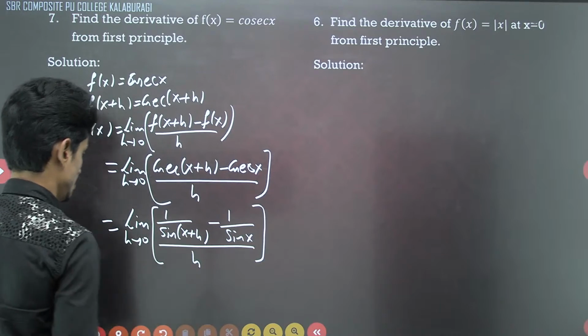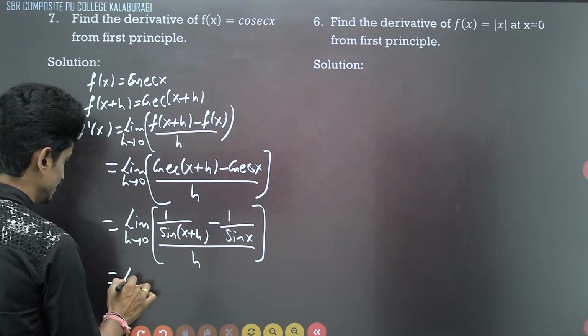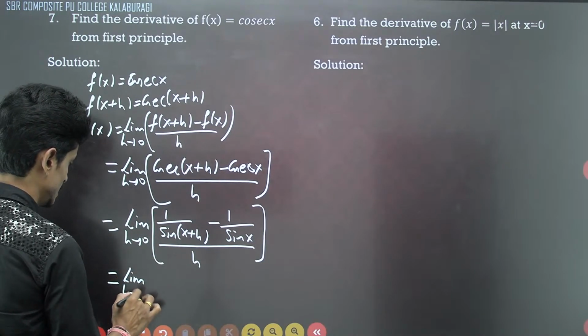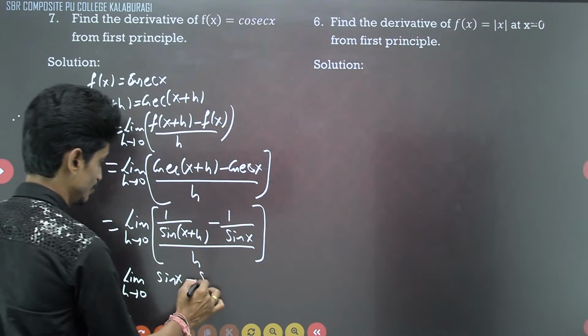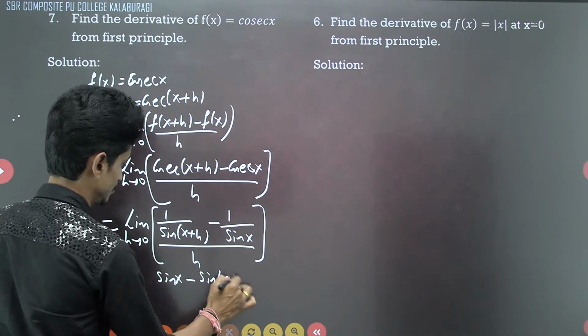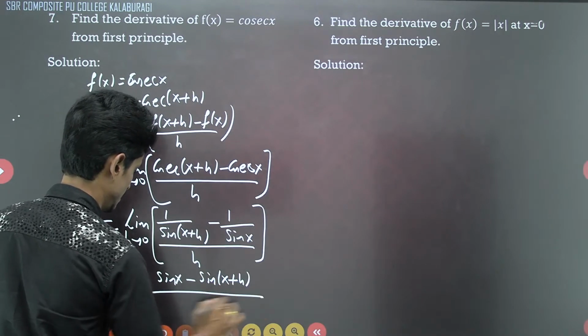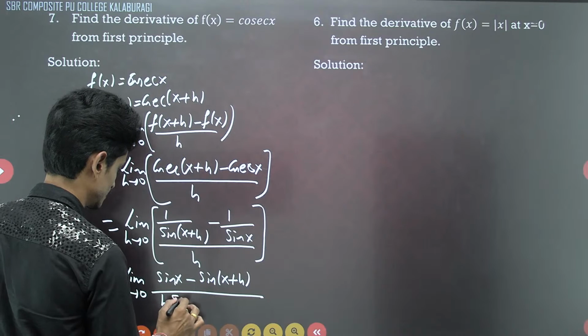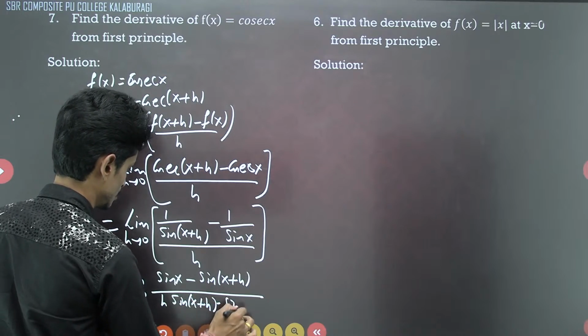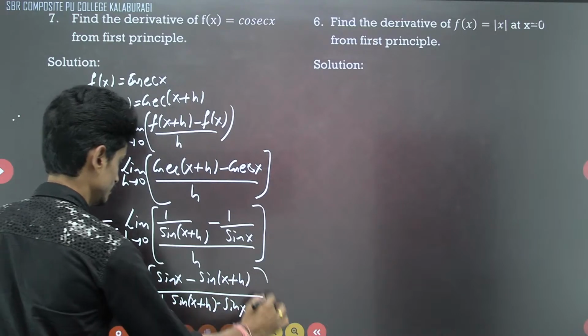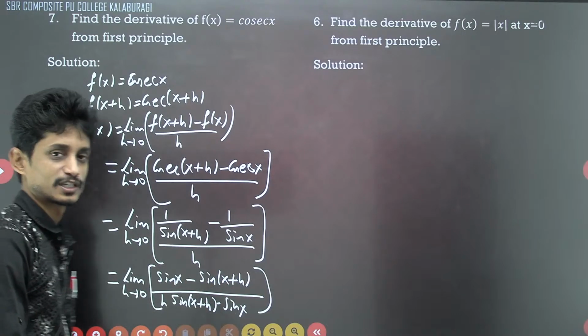Clear? Now as usual we should take an LCM, that is limit as h tending to 0, it should be sine x minus sine of x plus h divided by h into sine of x plus h into sine x. Now we got the sin C minus sin D formula.